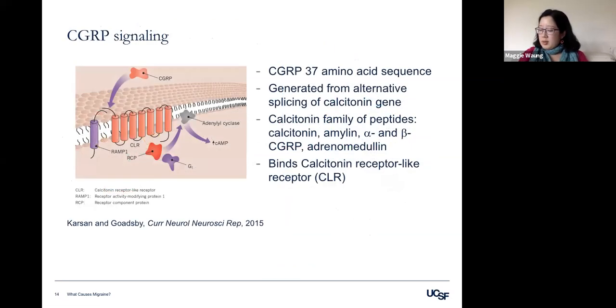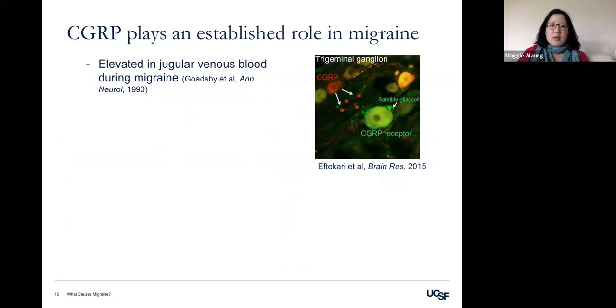I was gonna talk a little bit about CGRP because I think it's an important piece of the elephant of migraine. It's a neuropeptide. It's found throughout the brain, but also throughout the body. It is a mini protein, and it binds to calcitonin receptor-like receptor.